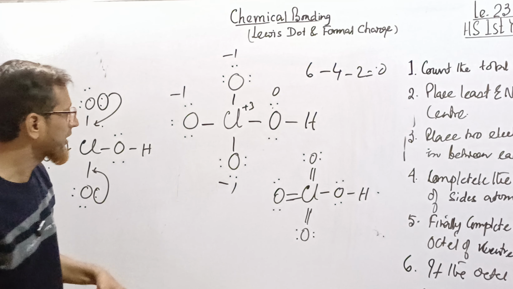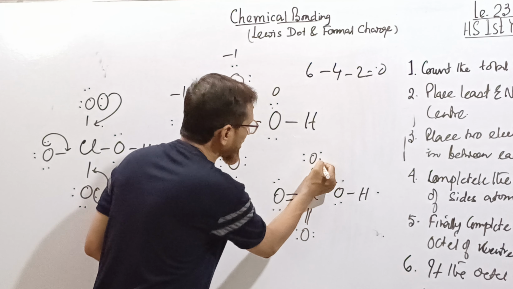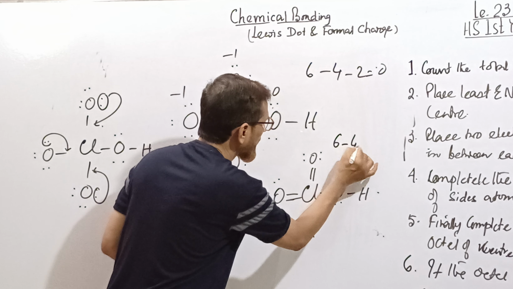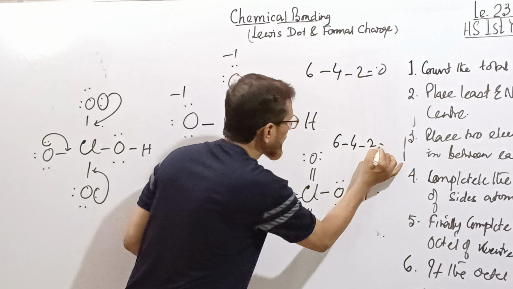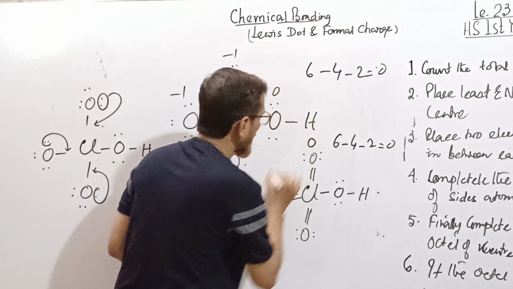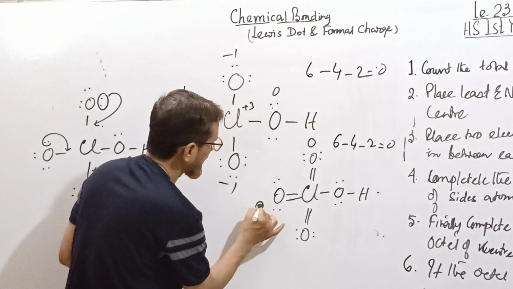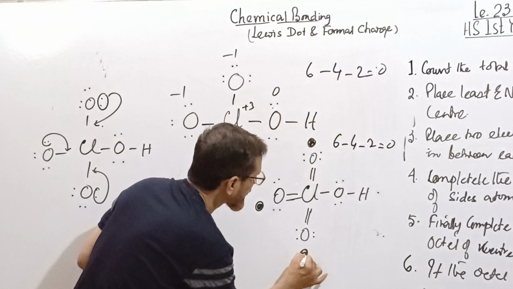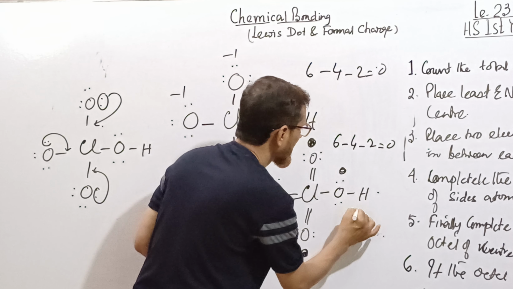Let's see what has happened. Come to this oxygen's formal charge. Formal charge: 6 minus lone pair 4, minus bond 2, equals 0. So this is 0, this is 0. I am showing you that 0 in this way. This is 0, this is 0, this is 0, this is 0.